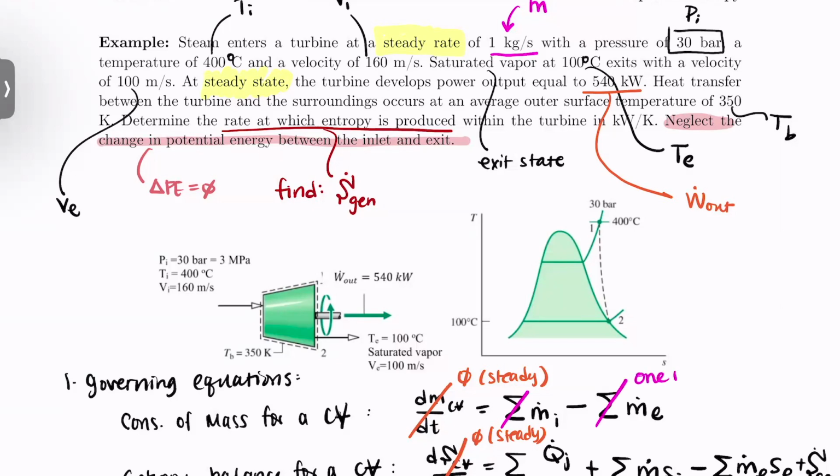So one inlet, one exit, and then same with these. The conservation of mass equation just becomes m dot in is equal to m dot out, which is just a single flow rate m dot.